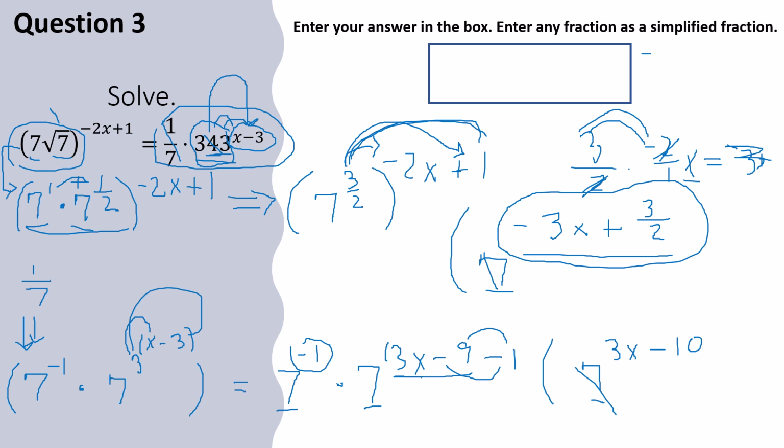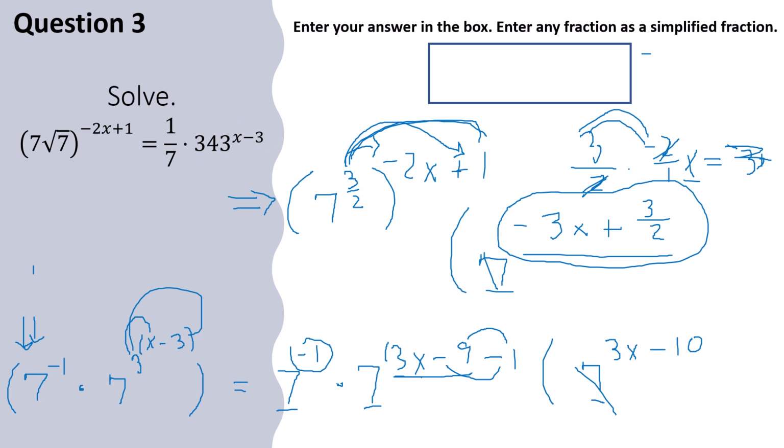Let me erase a little bit, give myself some room over here. Just go ahead and erase all of this over here. So we've got some more room to work. Set up my equation.